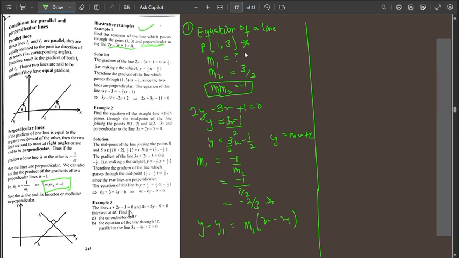Substituting, y1 is 3, m1 is minus 2 over 3, and x1 is 1. I multiply through by 3 to get rid of the fraction because I want it to be simple. So 3y minus 9 is equal to minus 2 into bracket x minus 1. I also don't want parentheses in my equation, so I'll expand the bracket.